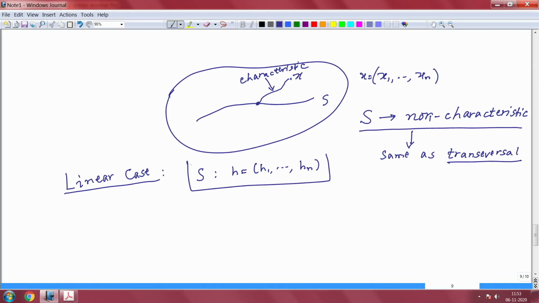So, this is the parametric representation of the surface, and now we introduce what is called a characteristic set of the given PDE, or characteristic variety.